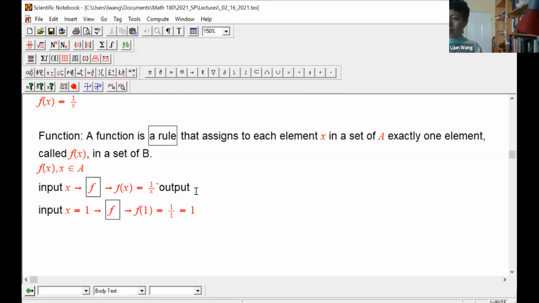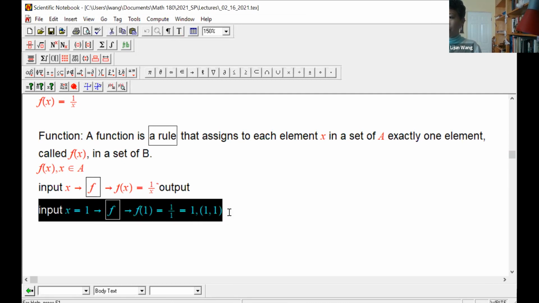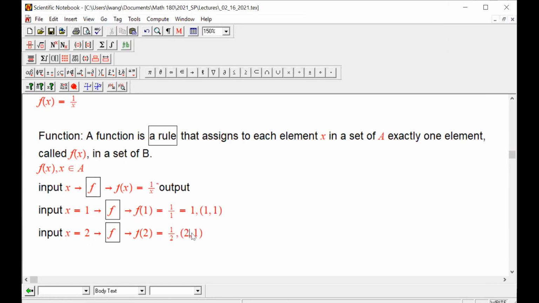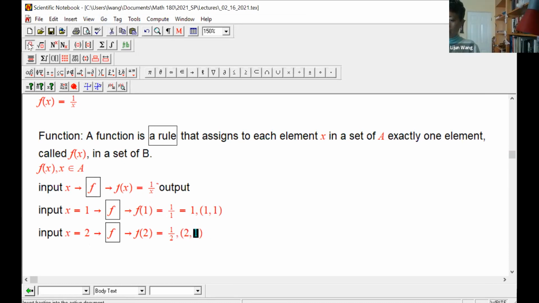If I pair the input and output together, input 1, output 1. Another input. This time I'm going to give the input of 2. And what do we get as the output? 1/2. So when input is 2, the output is half.